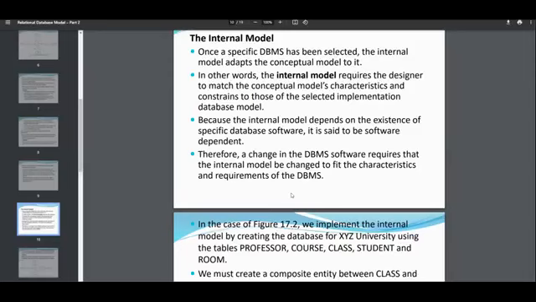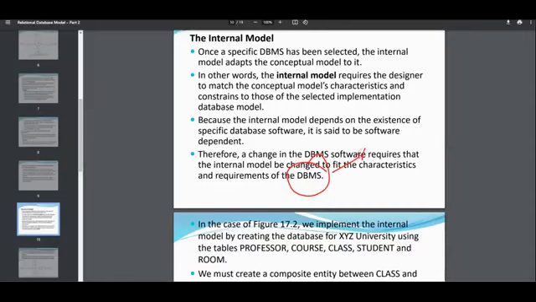So internal model characteristics can be changed or altered according to the requirements of the database management system. We already know that. So what does database management system mean? Basic thing again. Normally we felt that a database management system is a software or hardware related thing.